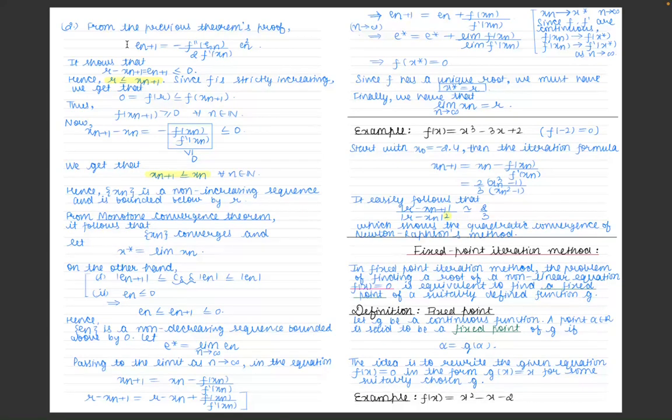Okay, but since f has a unique root, we must have that x star is actually equal to r.